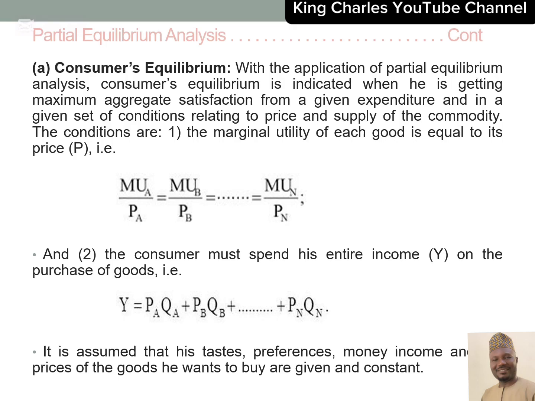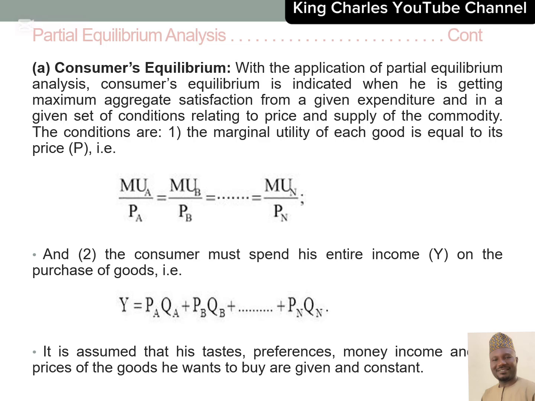The second condition is the consumer must spend his entire income, represented as Y, on the purchase of what? Goods.